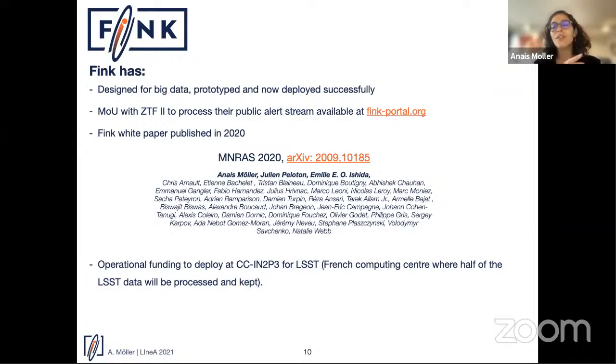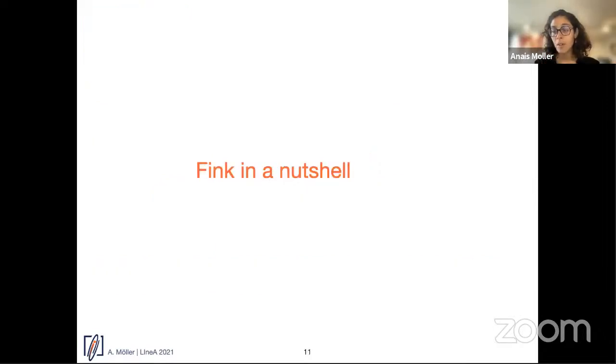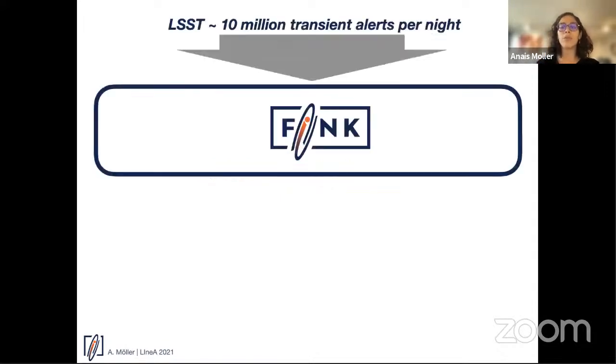Now, how does a broker work? So if you have never heard the name broker or what we do, you may ask, how do you go from those 10 million transients per night to do some type of science? So Fink in a nutshell is basically this. We receive the alerts, we make some quality cuts, let's put it that way. These can be, for example, real bogus cuts.